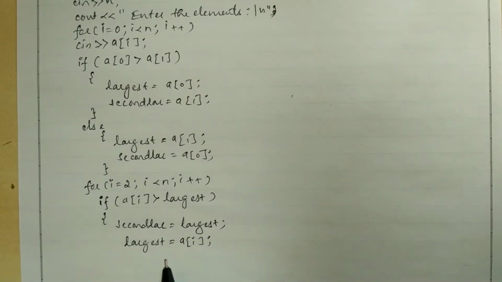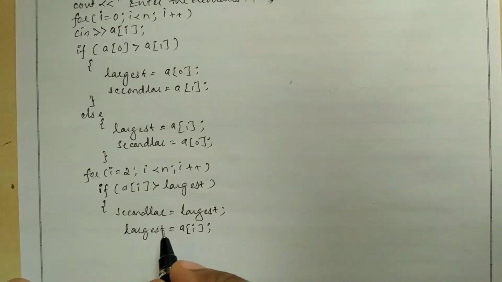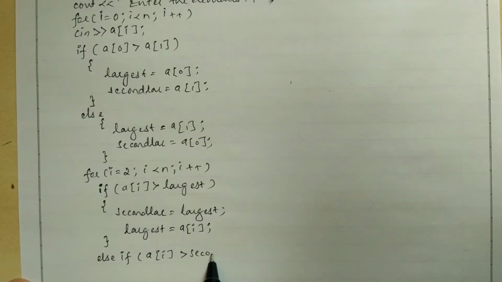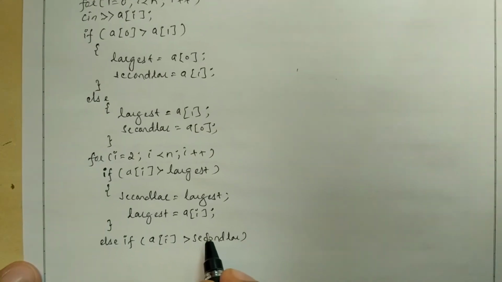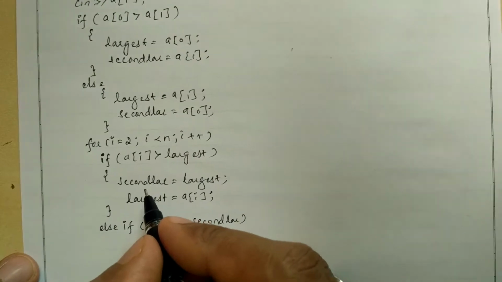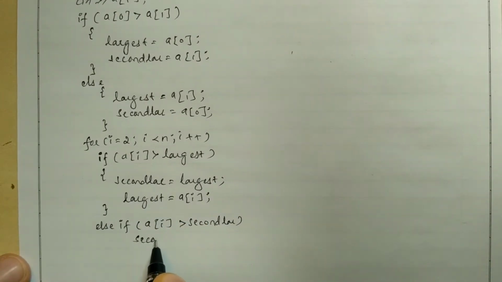A of i means for the first time it is a of 2. Next curly closing brace. If it is false, then else if we are going to check the next condition: a of i, if it is greater than second largest, then it has to initialize second largest with the value a of i and put a semicolon.